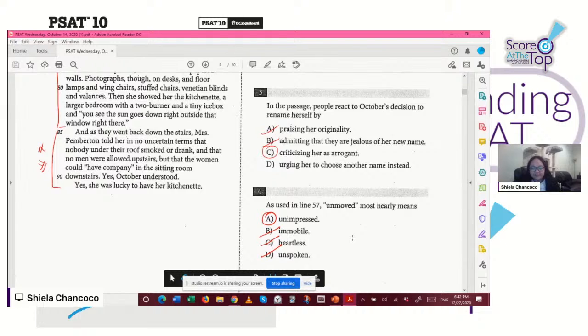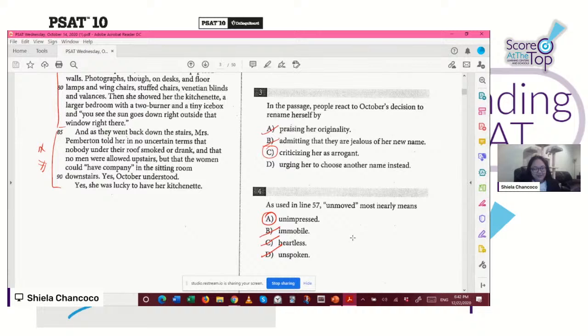These are actually my favorite. If you're one of those people who like to do the questions out of order, I would say do number 4 first. These are the easiest out of all the questions. They're vocab words, right? If you know that vocab word, more than likely you'll get this answer.